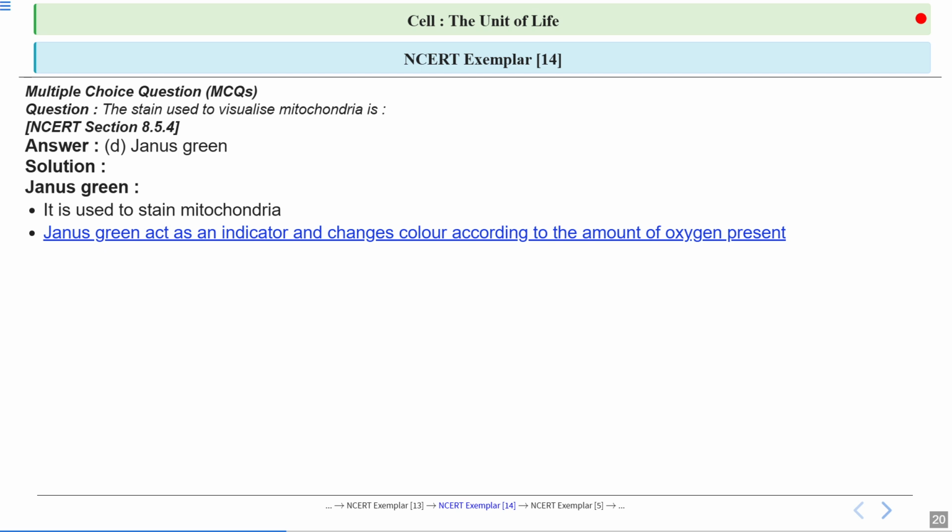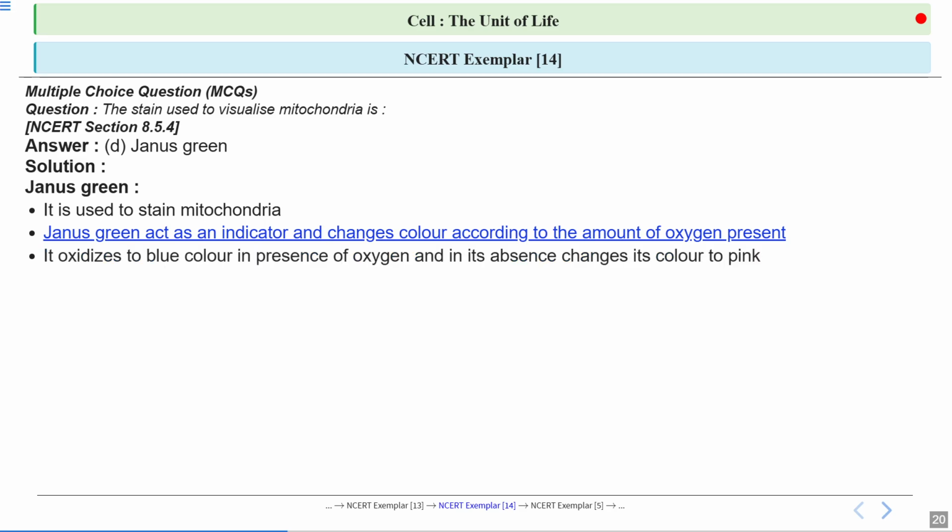So more and more oxygen is present there. So this stain is used as an indicator, right? And it changes its color according to the oxygen present. And which organelle has more oxygen? Mitochondria. So it oxidizes to blue color in the presence of oxygen, and in its absence changes color to pink.